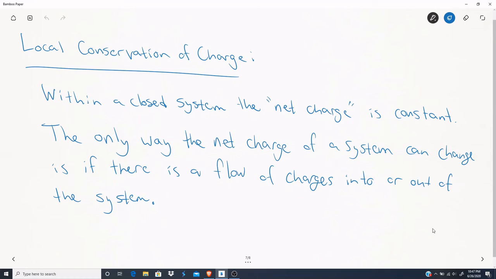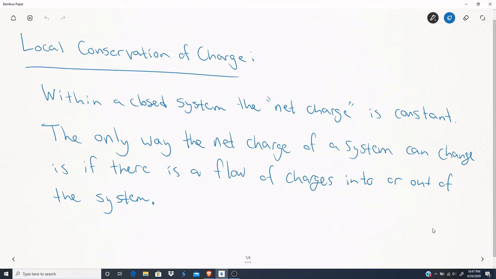Local conservation of charge is a law of nature, and basically it's relatively simple. The statement is essentially that within a closed system, the total or net charge is constant. So in a closed system, an object is not going to change its charge spontaneously. The only way the net charge of a system can change is if you bring some charges from outside into the system, or if charges that were in the system leave it.